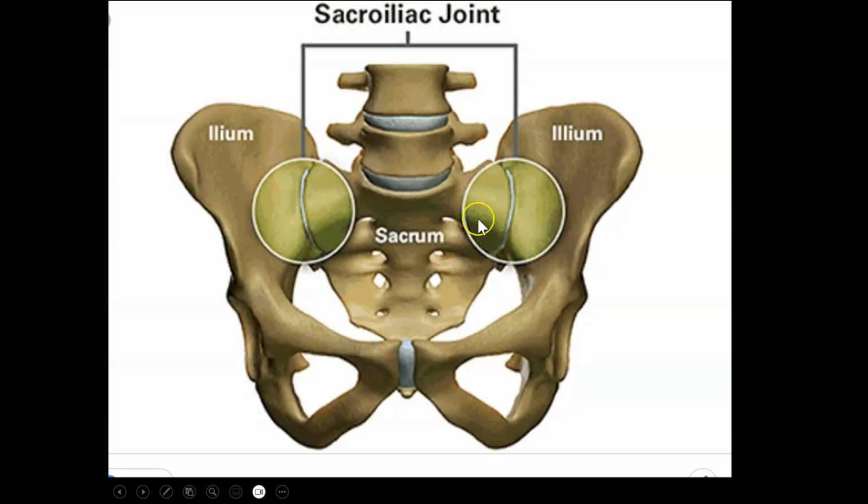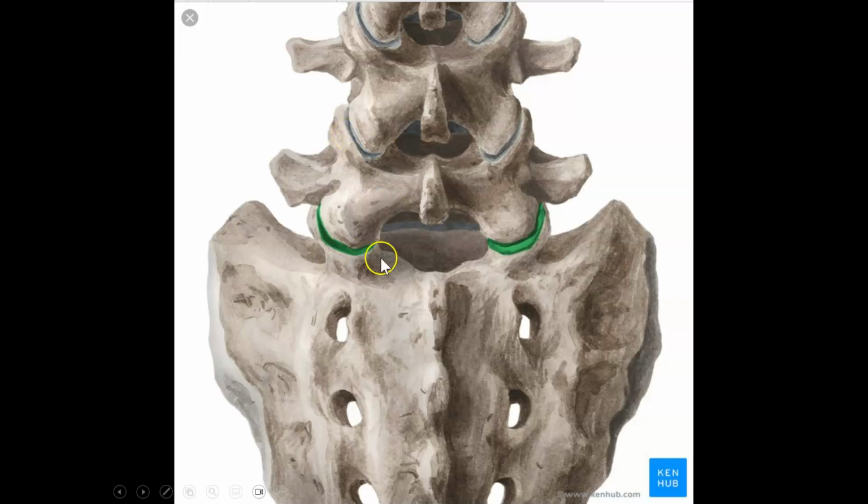This is the anterior view of the sacroiliac joint. This is the posterior view, articulation of the sacrum, inferior articular facet of L5, superior articular facet of the sacrum, and the sacral canal, and the sacral foramina.